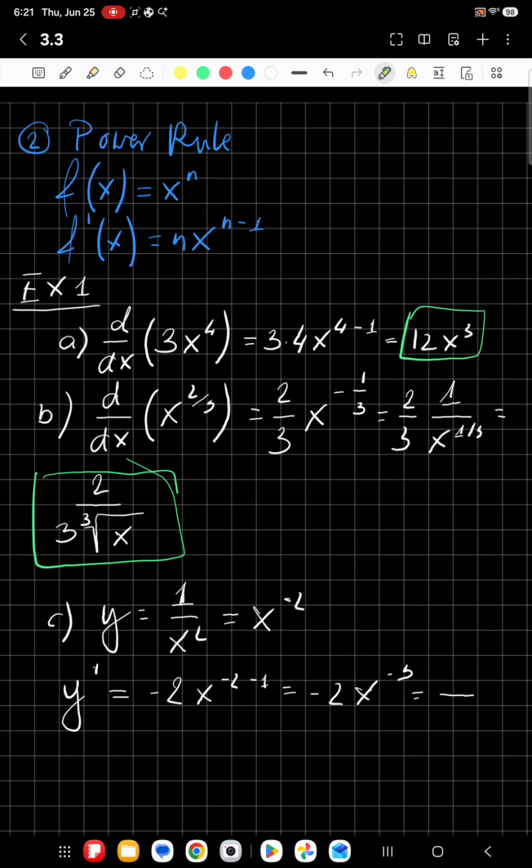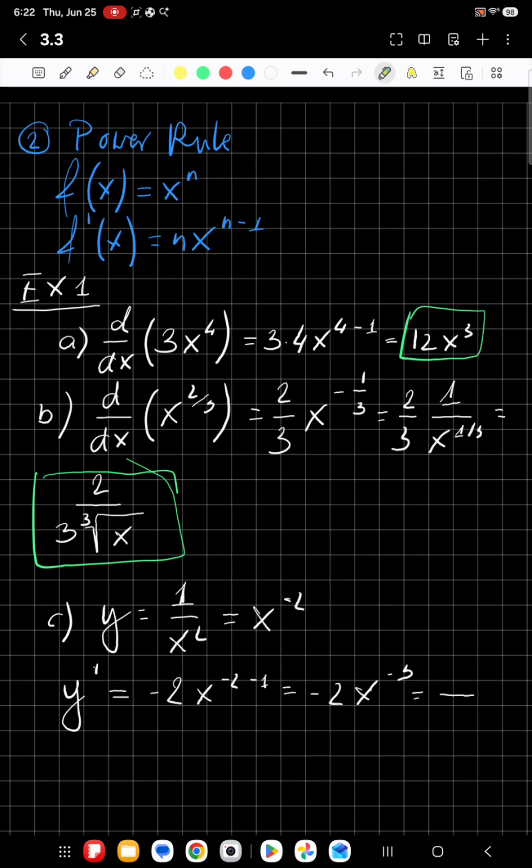If I wanted to say that negative 3 applies to, say, 2 and x, I would do it like this. If I wanted that negative 3 to apply to all of those, I would do it like this. But for now, the way it's written, it's just like that.